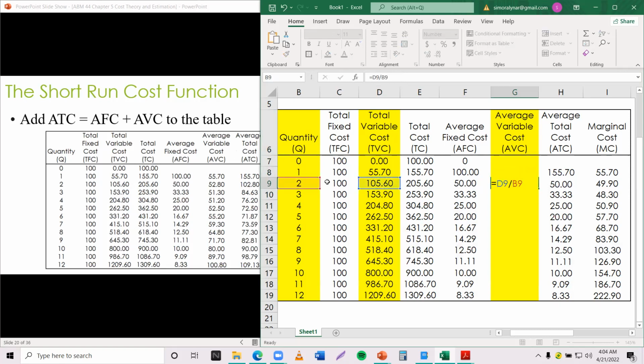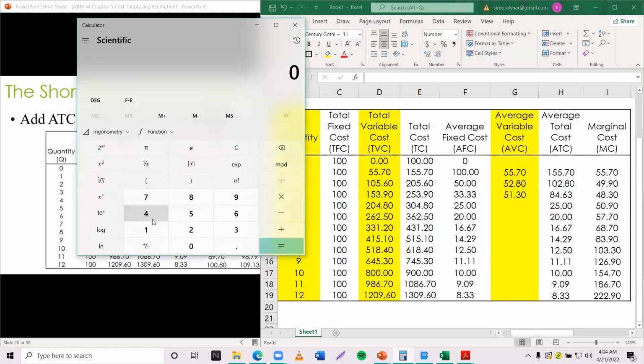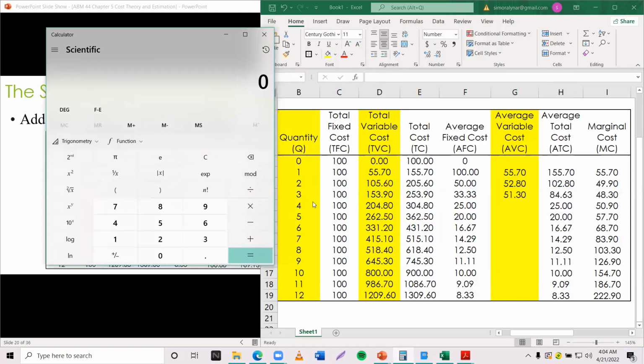So, next, we have again TVC over Q equals to TVC over Q. So, it is as good as ingani ha. Kasi maglibog mo ba? So, it is as good as, let's say, for example, number 30. 153.90 divide 3.